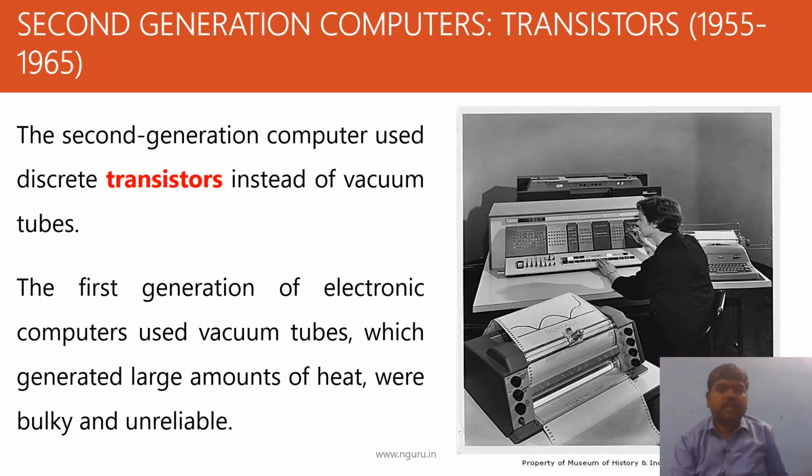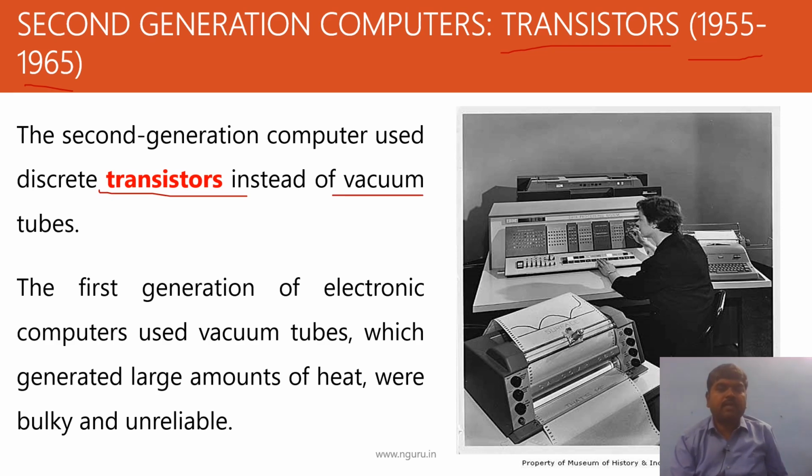Then comes the second generation. In the second generation, in place of vacuum tubes, transistors were used, and the period of the second generation computers was 1955 to 1965 around. So transistors were used instead of vacuum tubes.